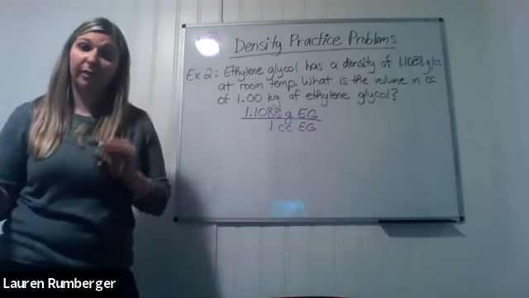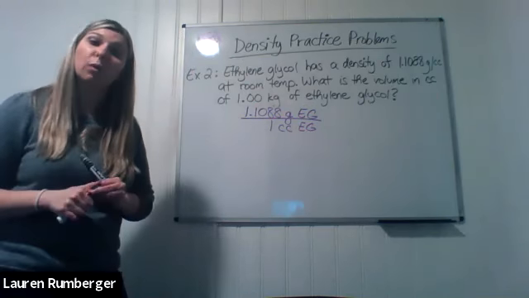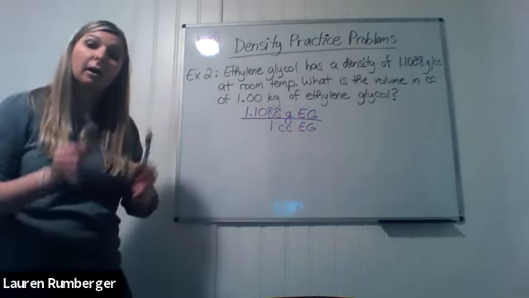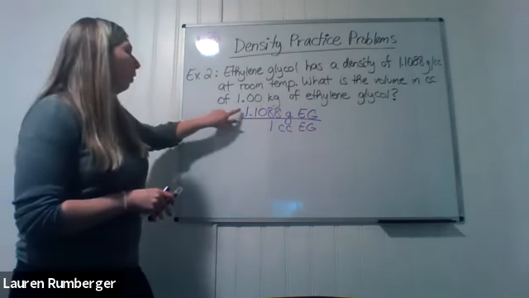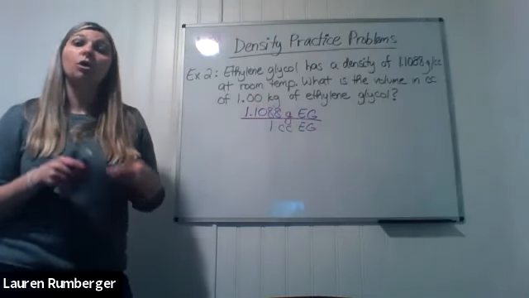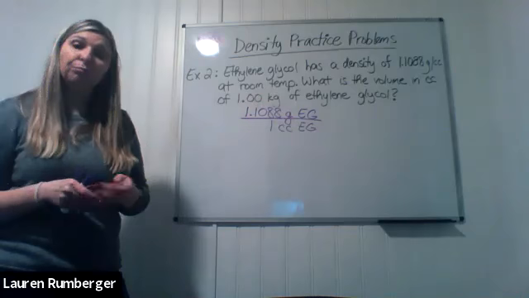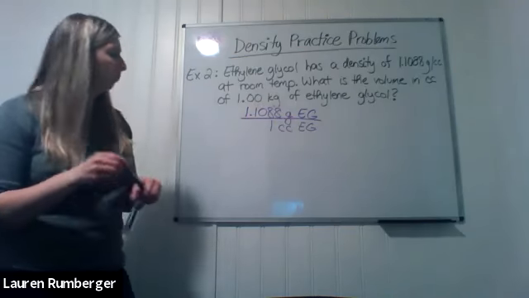That's what the density means. The density is telling us that for every 1 cubic centimeter of ethylene glycol, it has a mass of 1.1088 grams. Okay. So now in our problem though, we are given a mass of 1 kilogram.